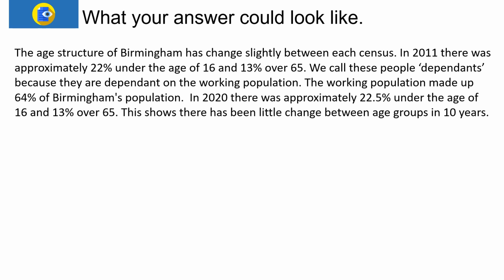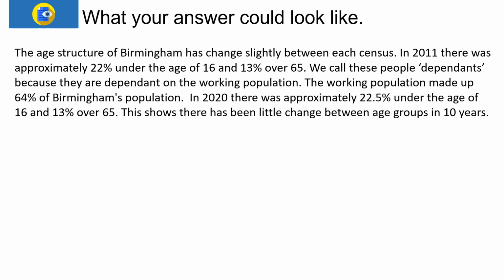The age structure of Birmingham has changed slightly between each census. In 2011, there was approximately 22% under the age of 16 and 13% over the age of 65. We call these people dependents because they are dependent on the working population. The working population made up 64% of Birmingham's population.